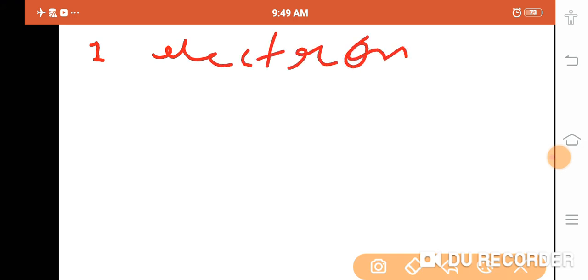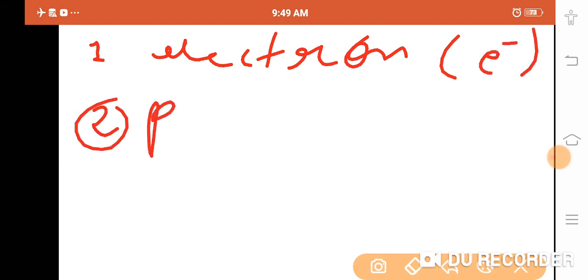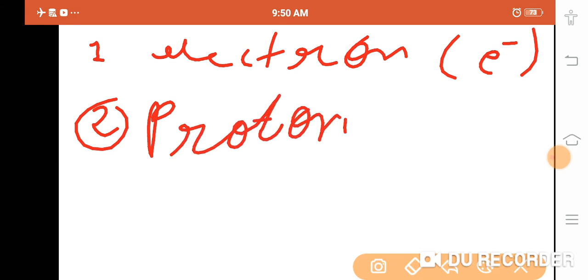You are getting MCQ questions: what are the fundamental particles of the atom? So first is the electron, which is represented by e minus. Second is the proton, which is represented by p or e plus.